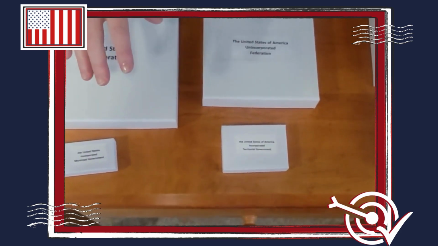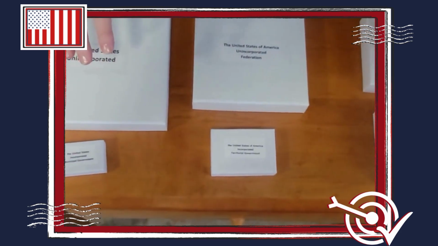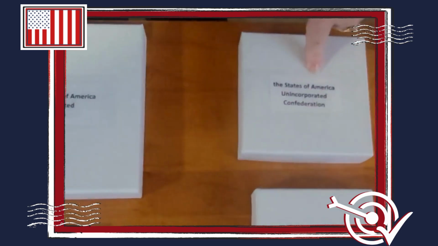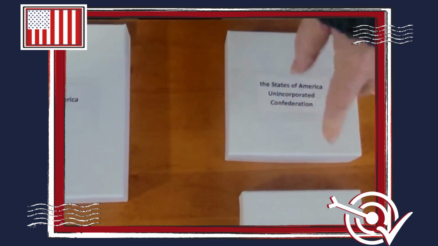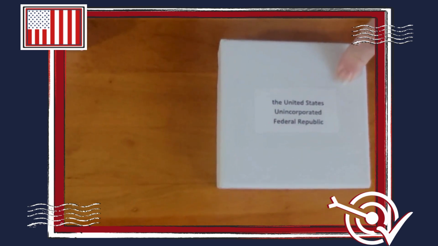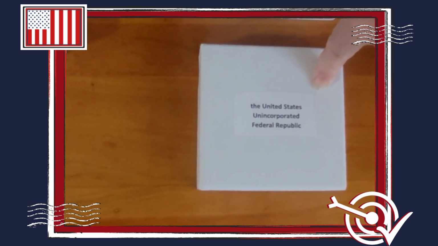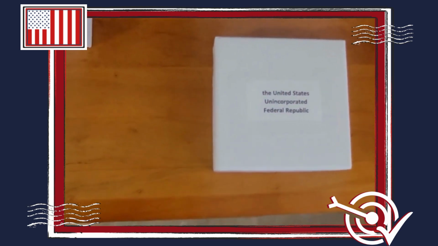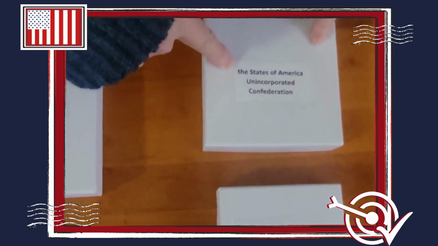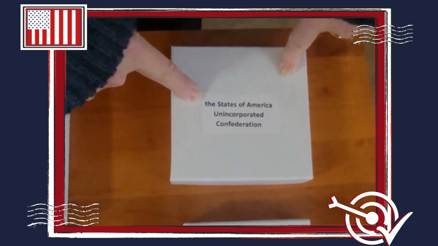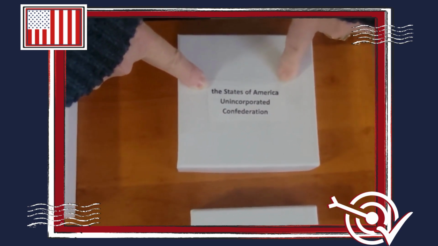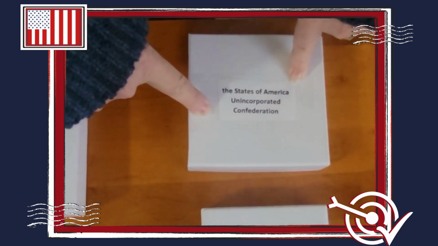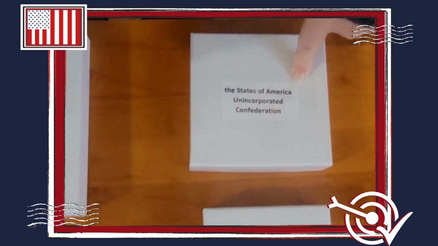At the beginning of the Civil War, both the Confederacy here and the Federal Republic were rendered inoperable. And why was that? Because the Confederate states that were members of this entity, the Confederation, broke up.